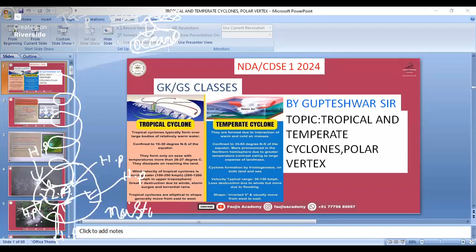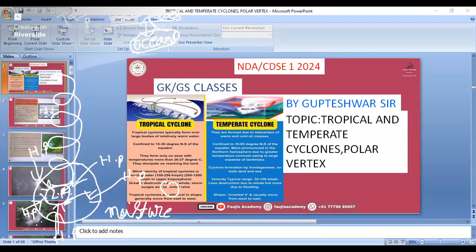When it goes upwards near the tropopause area, it won't be able to go further upwards. So it will start reflecting, and all that moisture will start settling on the hygroscopic nuclei. So there is the formation of clouds. Then when they are not able to suspend themselves, when they are not able to carry their overweight, due to gravity pull they'll fall down, and then we have the rainfall.